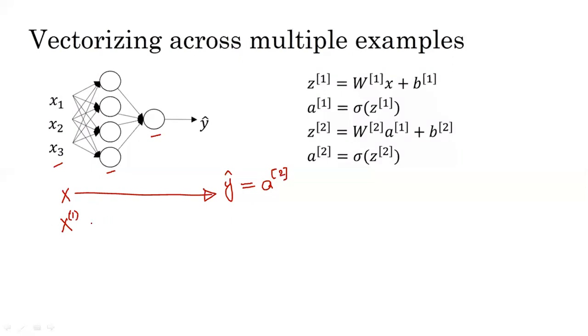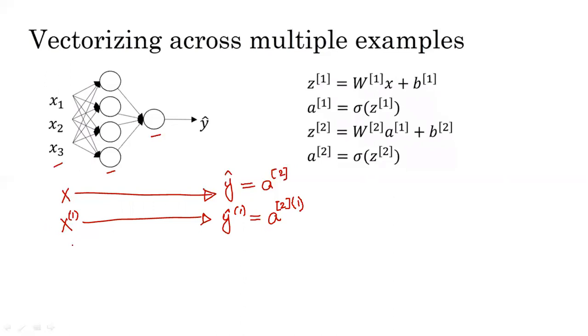This first training example gives us the output y hat of 1. Corresponding to the first training example, we have the predicted output y hat superscript round bracket 1. If I want to write this output in terms of a, I can write it as a square bracket 2 round bracket 1. I hope this notation is clear to you.